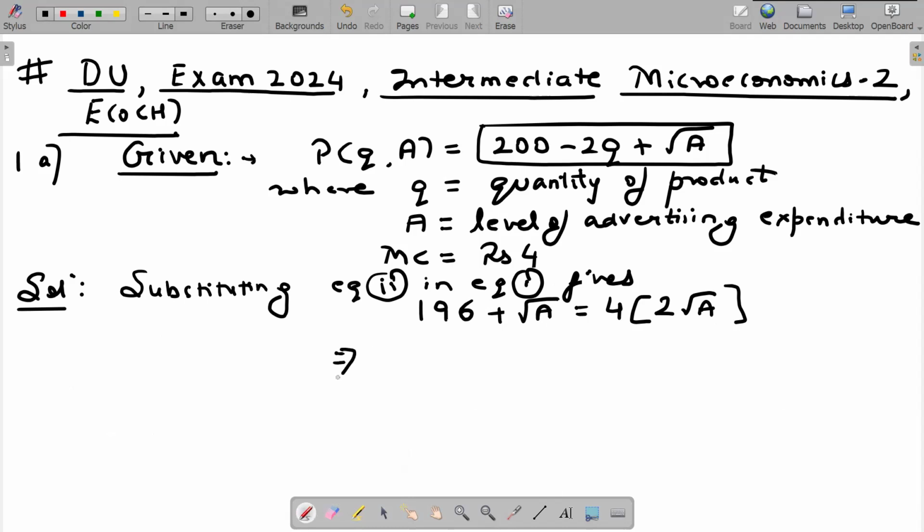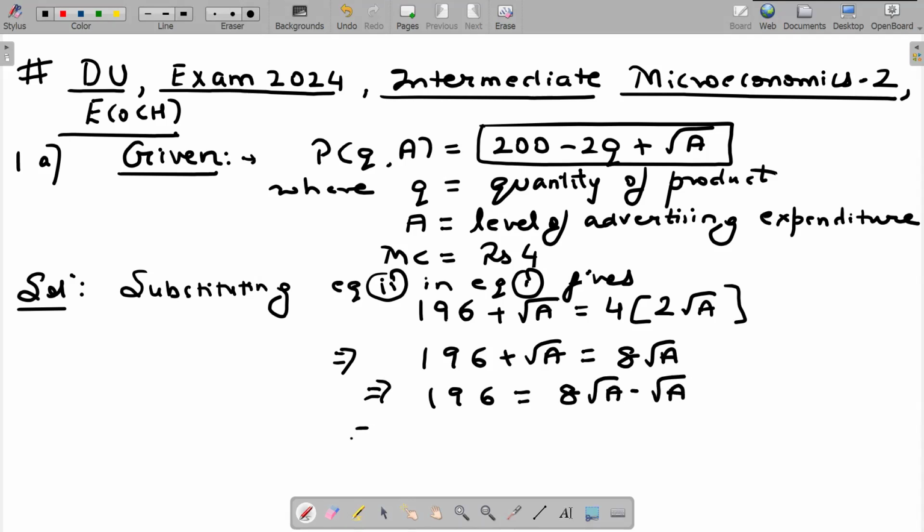So I can write 196 plus square root of A is equal to 8 times square root of A. So this implies 196 is equal to 8 square root of A minus square root of A. So I get 196 as 7 square root of A. So I can write square root of A is 196 by 7, which comes out as, how much is 196 by 7?